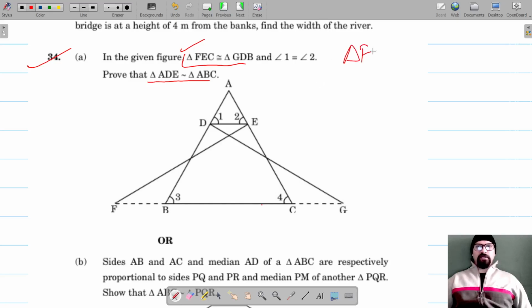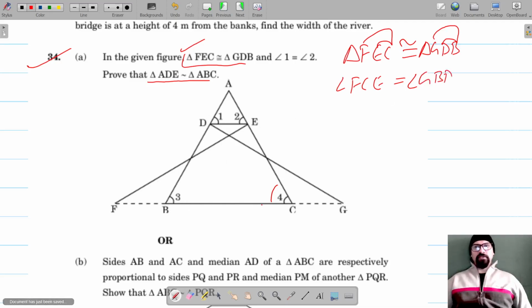So it's given that triangle FEC is congruent to triangle GDB. So if these two triangles are congruent, so that means this angle, that is angle FCE, which is angle 4, is equal to angle GBD, and reason being CPCT.